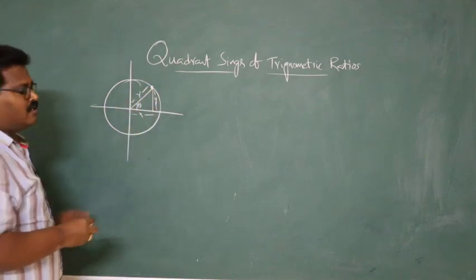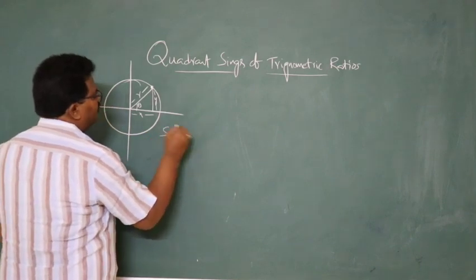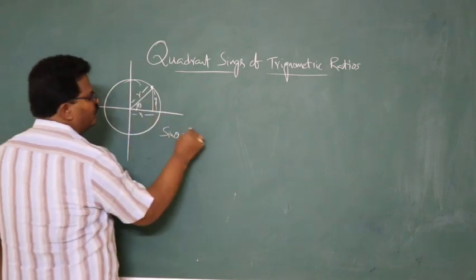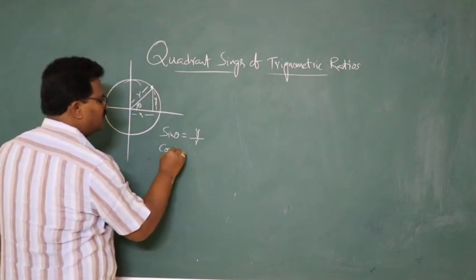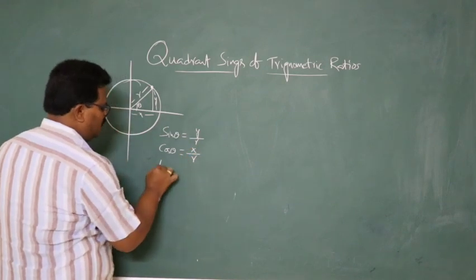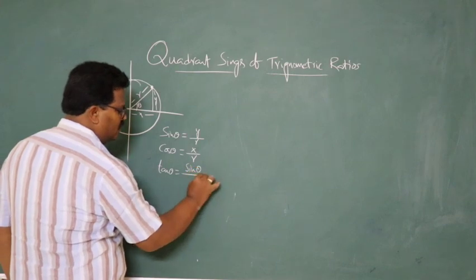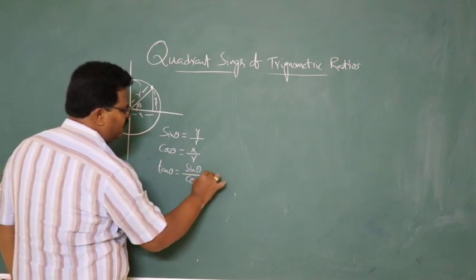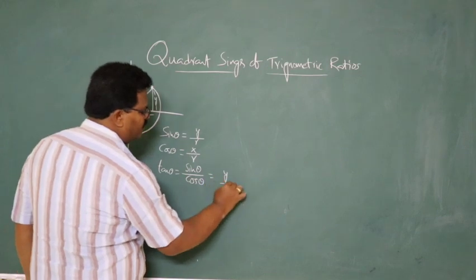Now we already discussed this. What is sin theta? Sin theta is opposite by hypotenuse. What is cos theta? Adjacent by hypotenuse. What is tan theta? Sin theta by cos theta, that is y by r by x by r, that is y by x.